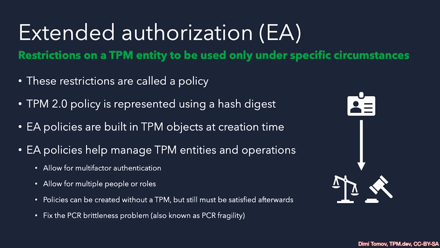This way, even if someone guesses or finds a way to leak the password to our TPM key, the TPM key will not work in all cases because the TPM 2.0 policy needs to be met, and the TPM 2.0 policy can be linked to the state of the system using PCR policy.